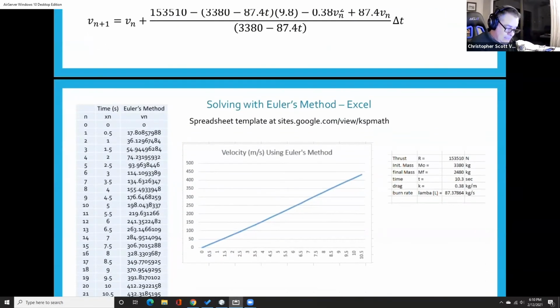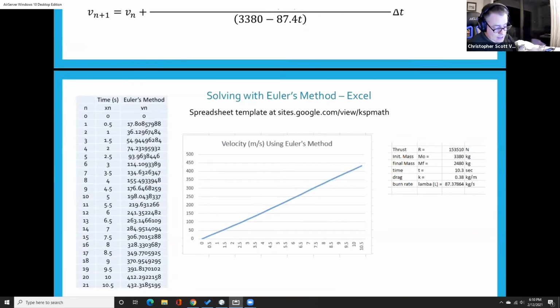This is an Excel spreadsheet result that shows the velocity over time. I have that Excel spreadsheet there where you can actually adjust the numbers, right?